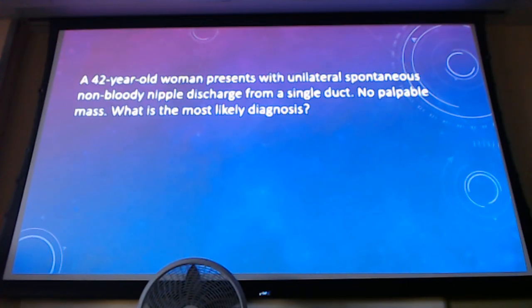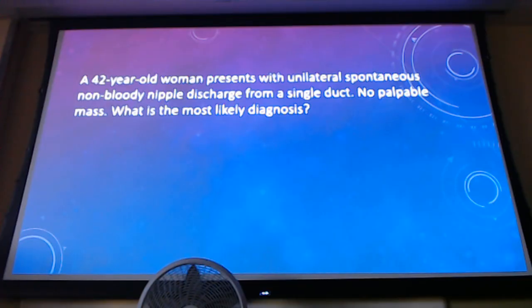If it's galactorrhea, or it's caused by something in your brain from your pituitary, it's most likely going to be both, right? It's not just going to affect one side or the other. So what's most likely going to affect one side? It's going to be something within that breast, right? Not mastitis.